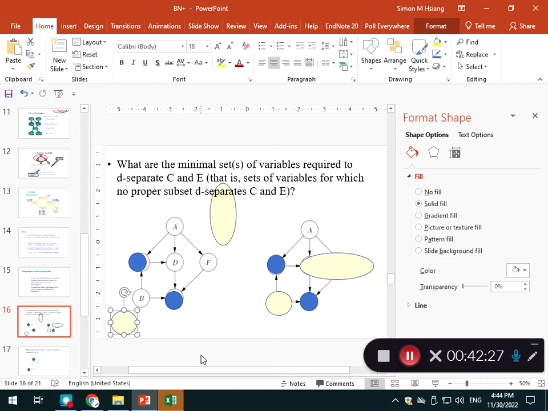Yes. Which one? A? Huh? B, right? B is a common ancestor. Done.